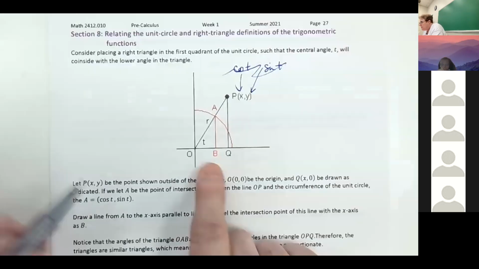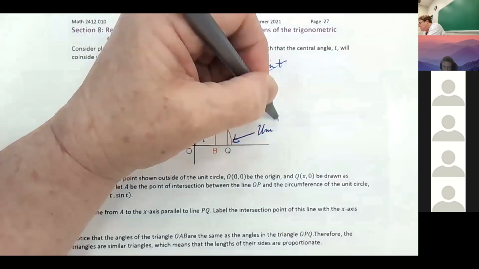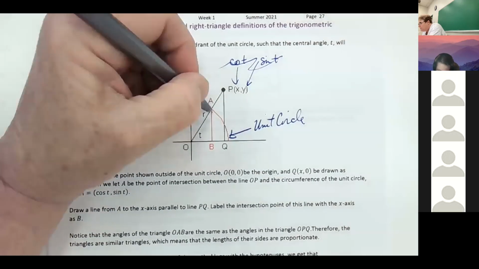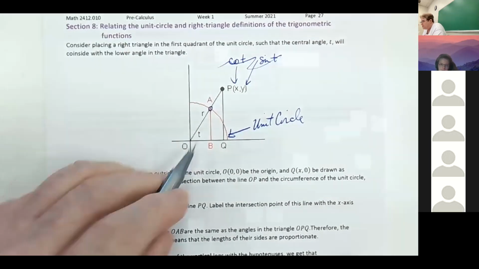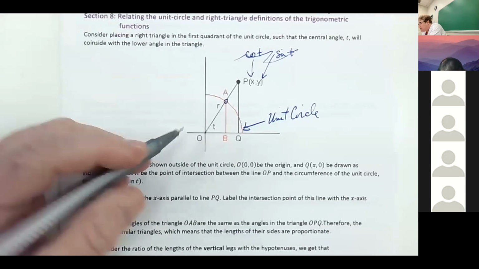So we've got several things going on here. We've got the unit circle. We've got a point on the unit circle. We've got the radius of the unit circle.